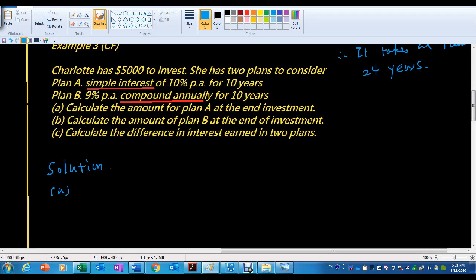Let's see how we could do simple interest. Still remember that for simple interest, the amount at the end of each year follows an arithmetic sequence. So the amount of plan A at the end of investment is an arithmetic sequence. Remember that for an arithmetic sequence, to calculate the money, we start from T0.